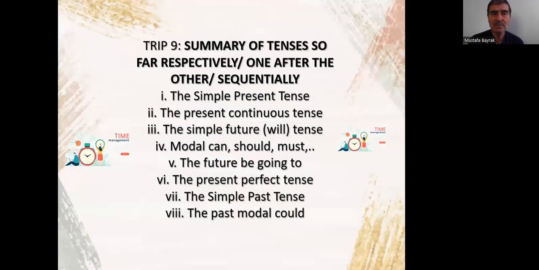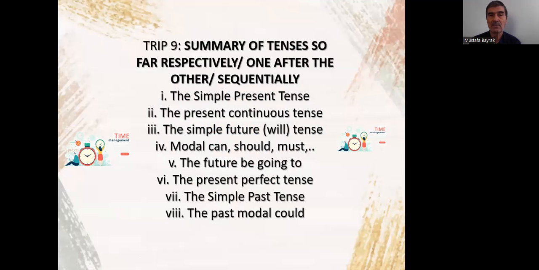Yes, trip 9, as I said, is connected with a summary of tenses so far, one by one after the other, or sequentially. For example, do you remember that we learned the simple present tense first of all?